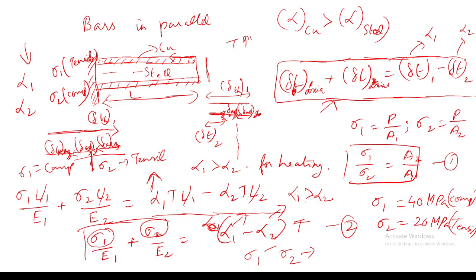So you will get both sigma 1 and sigma 2 positive. But in the end, you should write the answer as sigma 1 equals minus 40 megapascal, sigma 2 equals 20 megapascal, based on whether it is given for the heating condition or the cooling condition.